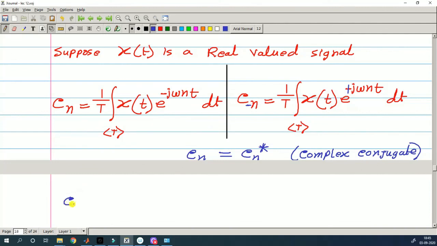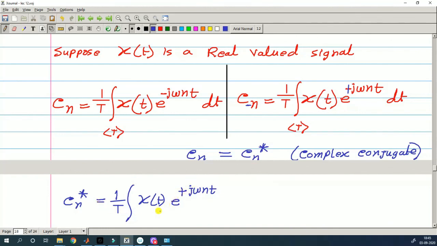Now taking Cn conjugate means conjugating the right hand side completely, but conjugate of t is just the same as it is. Then conjugate of x is x, because x is also real. But conjugate of e to the power minus j omega n t will be e to the power plus j omega n t. We need to put a minus sign wherever we have this j.